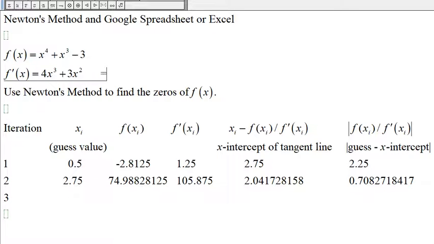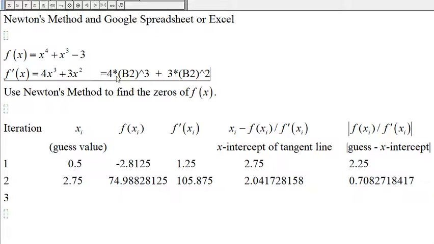It'd be equal 4 times, and then B2, because that's where our x is, and then hat 3, and then plus 3 times, and then B2, and then hat 2. So that's how we would type it into the Google Spreadsheet.